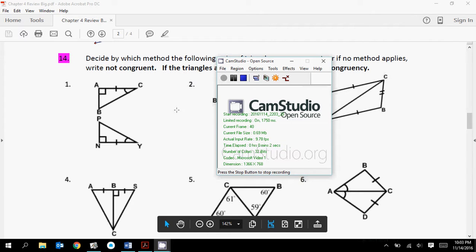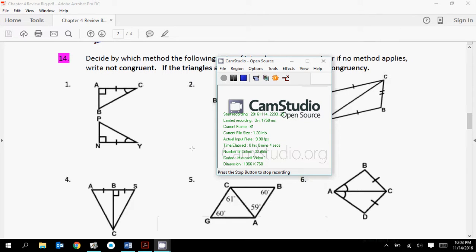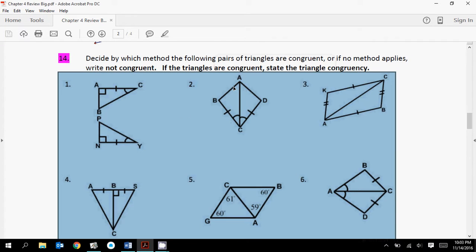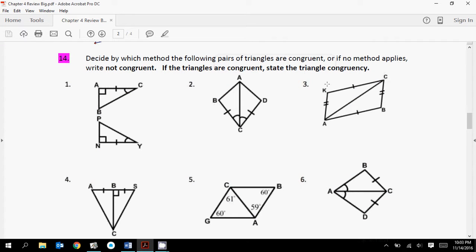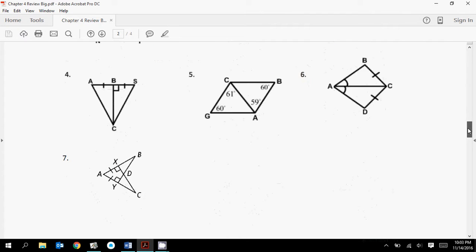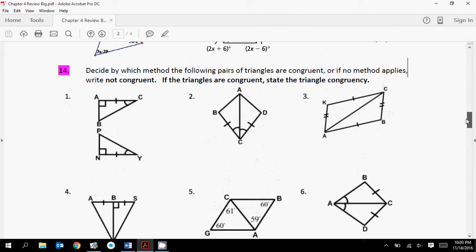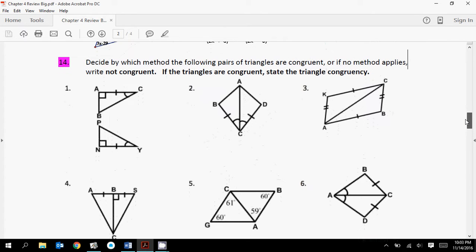Alrighty, so for the next installment, we're going to be dealing with some congruent triangles here. I'm looking at mainly number 14, which is really 7 questions, so it's more than just number 14 here. Basically, you've got to look at these 7 triangle sets, and you're doing what you did at the bottom of that quiz and what we did in class.